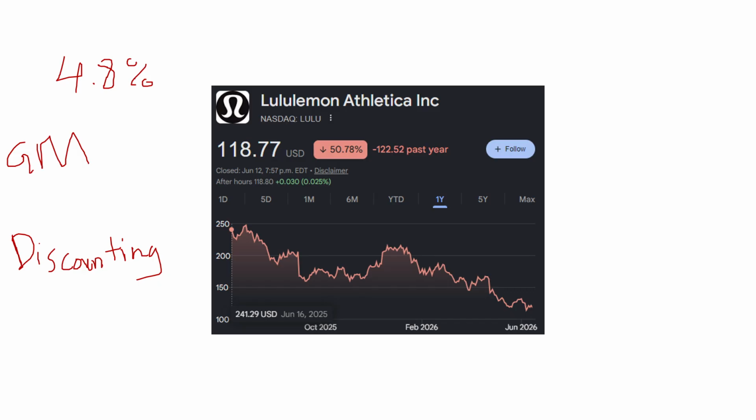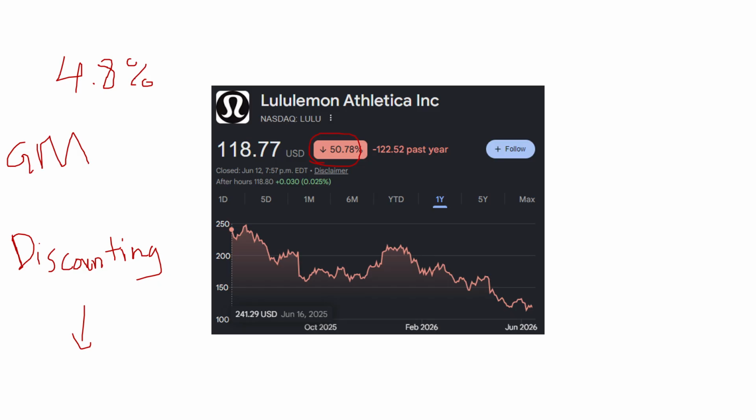And that is detrimental because the perceived value of your product, how much you can sell it for, decreases, right? Look at the stock for Lululemon over the past year. It went down 50% because of those results. So you can see how in the real world it has a real financial impact, right?